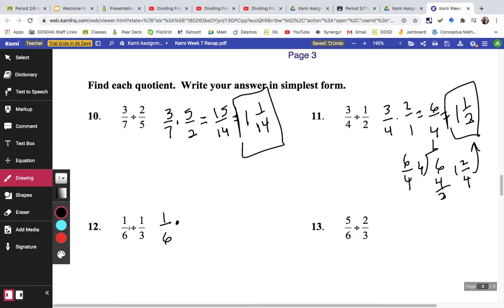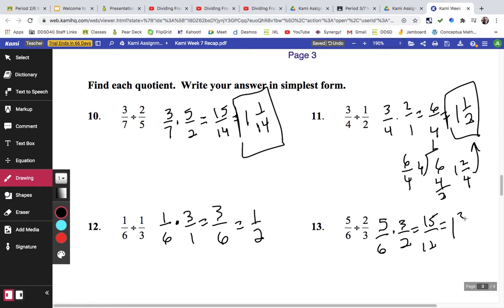We changed division to multiplication, and then write the reciprocal of 1/3, which is 3/1. So this is 1/2. And then 5/6 times 3/2 is equal to 15/12, which is 1 and 3/12, which is 1 and 1/4.